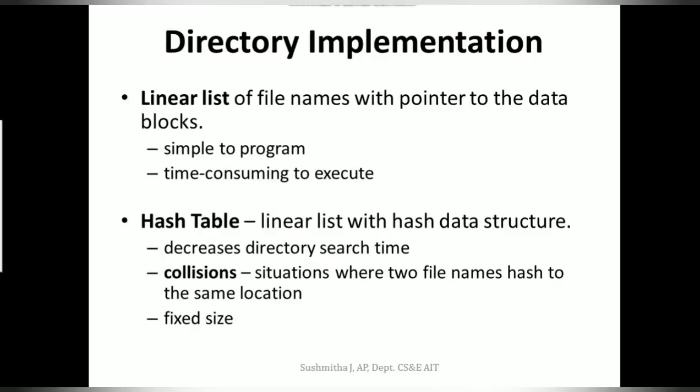The last method is to copy the last entry in the directory into the freed location and to decrease the length of the directory. So once the deletion is done, the free directory entry could be reused using these methods.